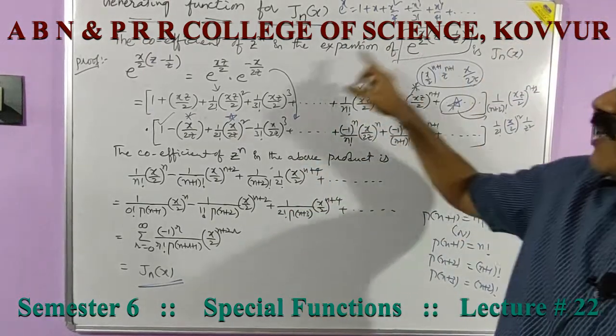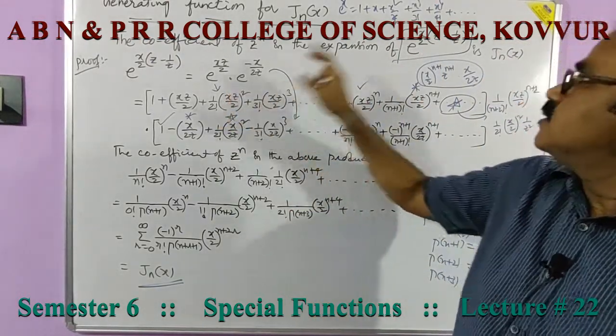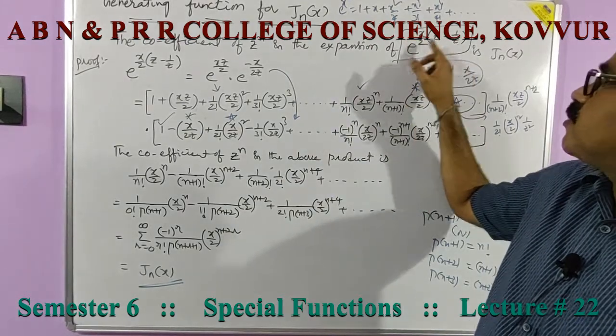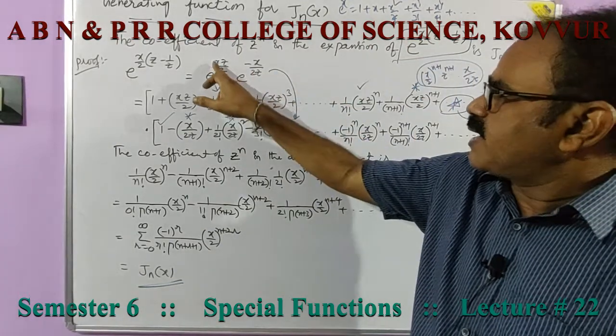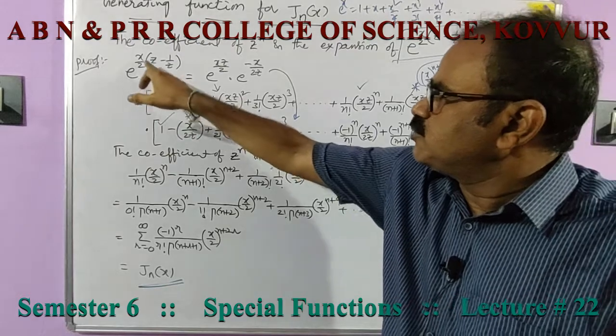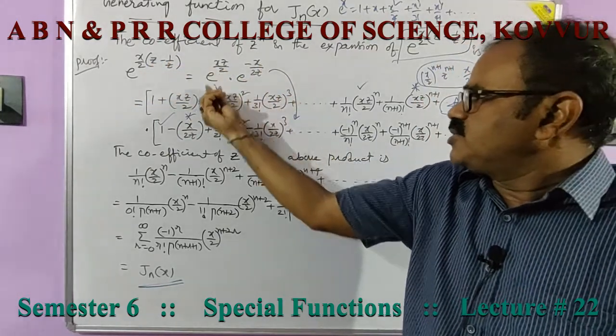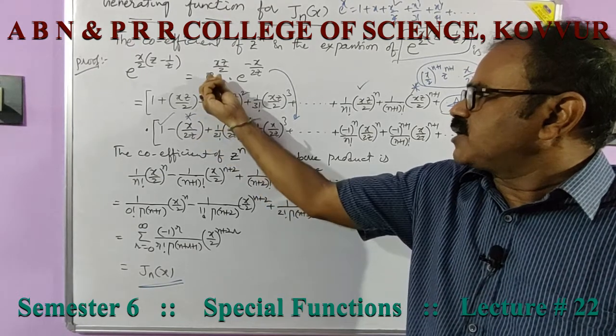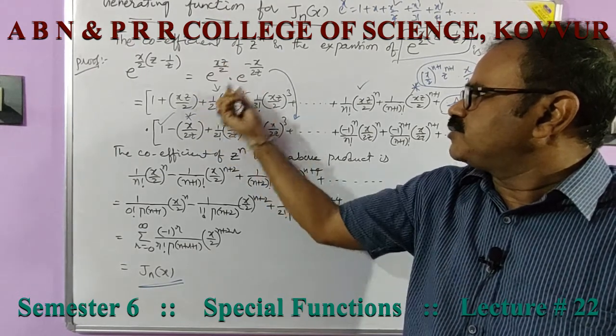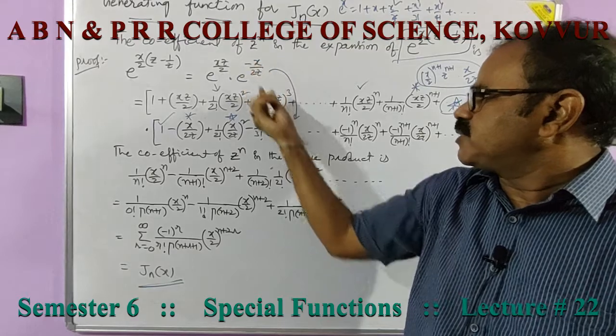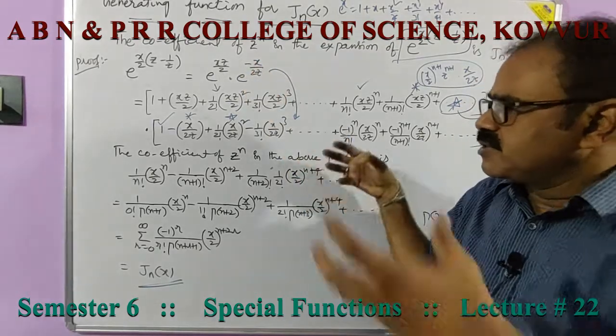Expand this one by writing it like this. e power x by 2 into z minus 1 by z can be written as e power xz by 2 into e power minus x by 2z. For each exponential, e power xz by 2 and e power minus x by 2z, we have two expansions.